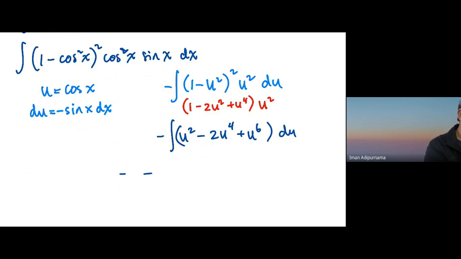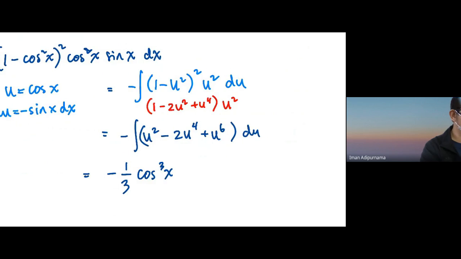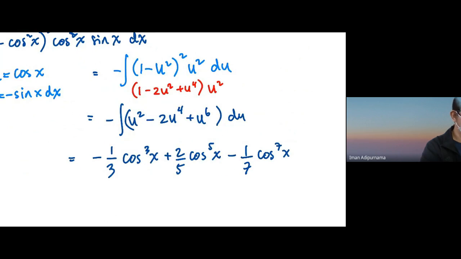Let me just write the final result. The u squared becomes minus 1 over 3, and u is cos, so cos cube x. The u to the 4 becomes 5, and it becomes plus 2 over 5 cos to the 5 x. And then u to the 6 becomes 7, so minus 1 over 7 cos with power of 7 x. Don't forget to plus c.